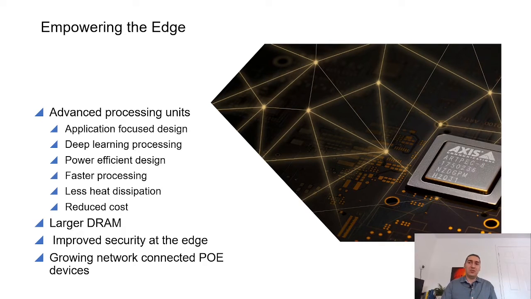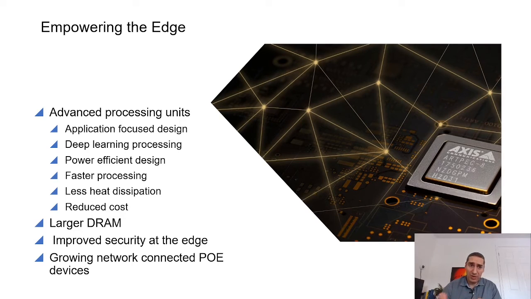So they are designed to run deep learning processing, deep learning applications on the edge, allowing more complex algorithms to run on the edge while being more power efficient. Because they are designed to run this application, they have faster processing, less heat dissipation, and reduced cost. And all this is available to us today, and it keeps on improving.